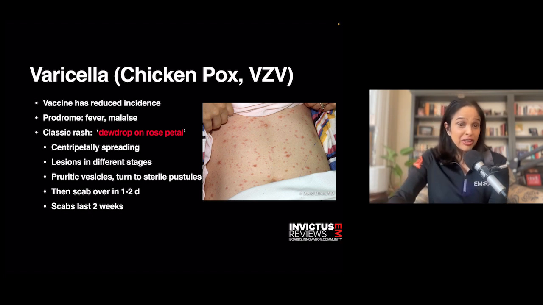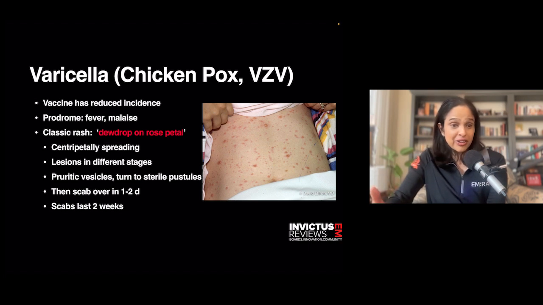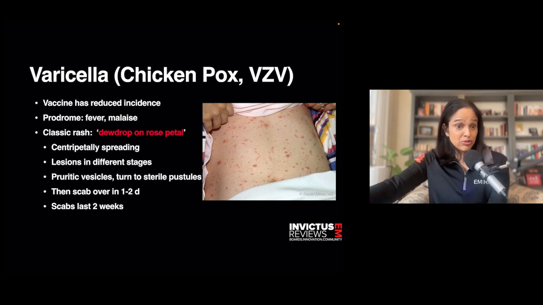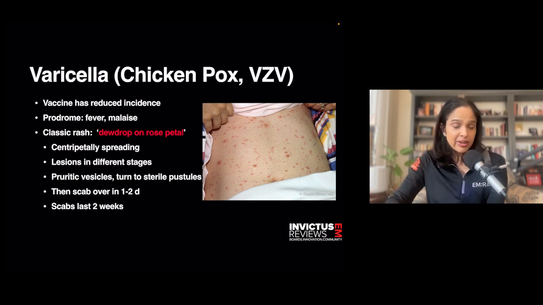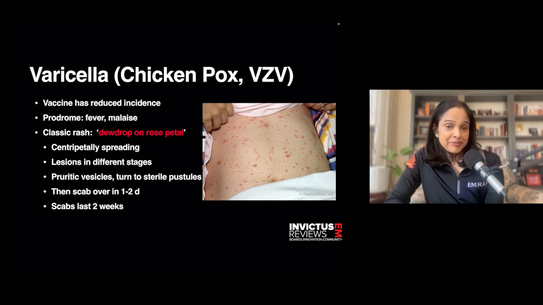If you have a few that, because they scratch them so much, are getting really red with spreading redness and actual pus drainage, then you may be dealing with a superinfection. They'll turn into sterile pustules, usually looking a little opaque inside, and then they scab over. Those scabs last a couple of weeks, and when they're all scabbed over, that is when that person is no longer contagious with chickenpox. Okay, so central out, itchy, dewdrop on a rose petal, hangs around for a few weeks, can get superinfected.